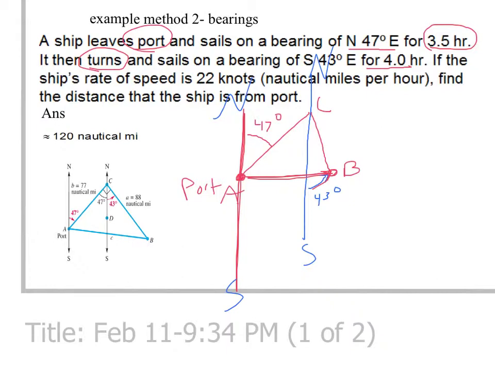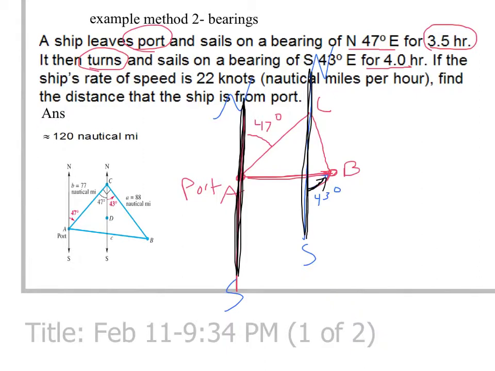Now let's take a little look here. There's another thing that we ought to know. When you draw in those north-south lines, you're really dealing with parallel lines, right? So think about this. I'm going to draw this in black. Here's a north-south line. Here's a north-south line.